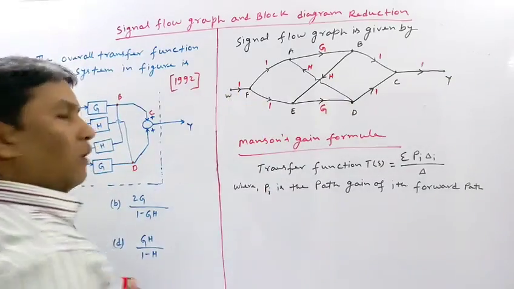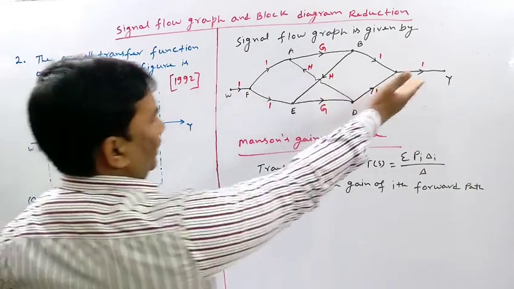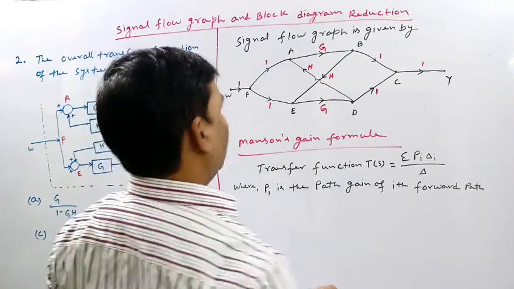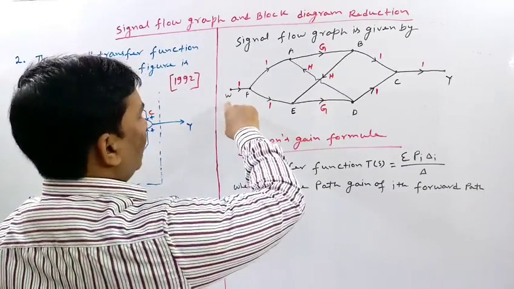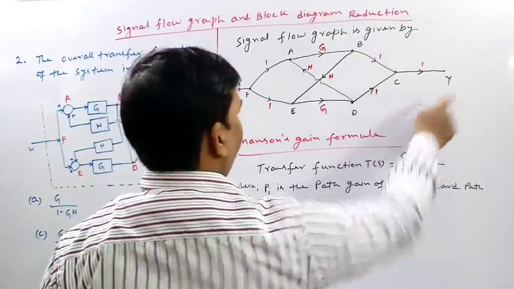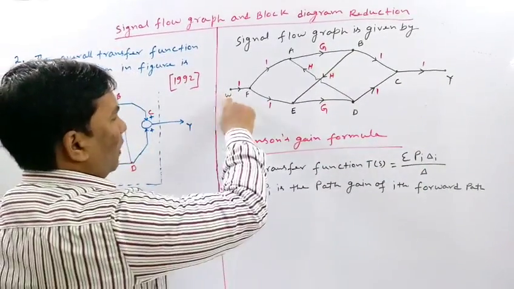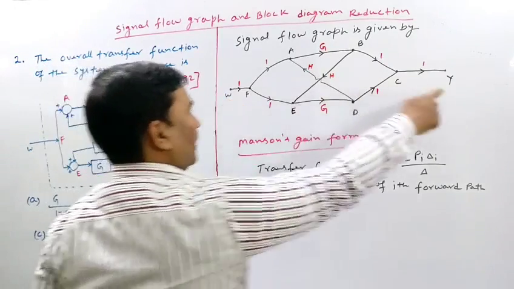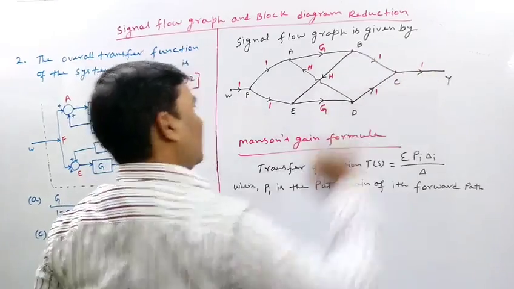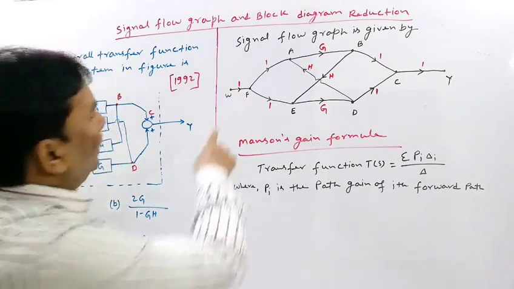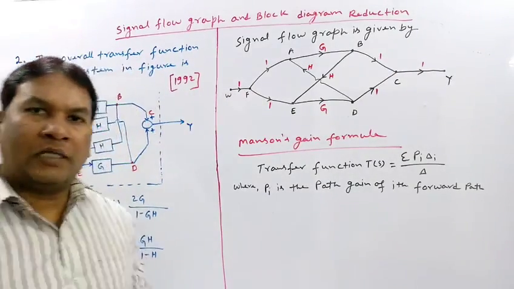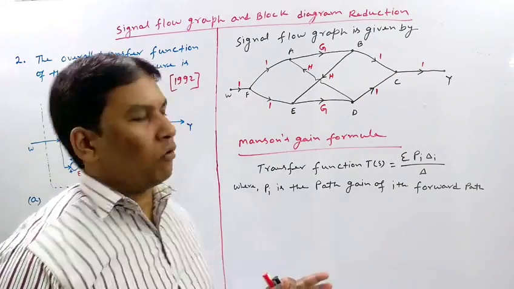Suppose we look here in this signal flow graph at which one is a forward path. We can easily see that W, F, A, B, C, Y is a forward path. From point W to Y, we can reach Y following this path. Similarly, this is again a forward path. So now I think it is clear to all of you what a forward path is.